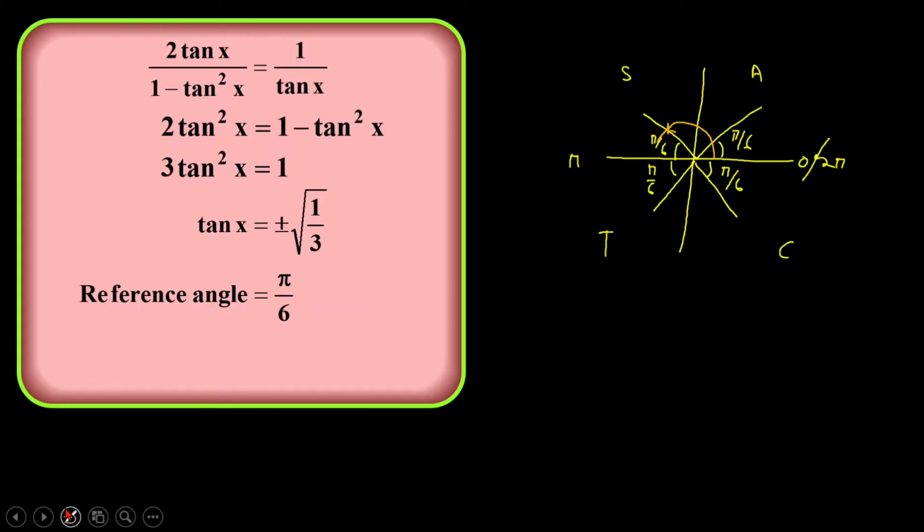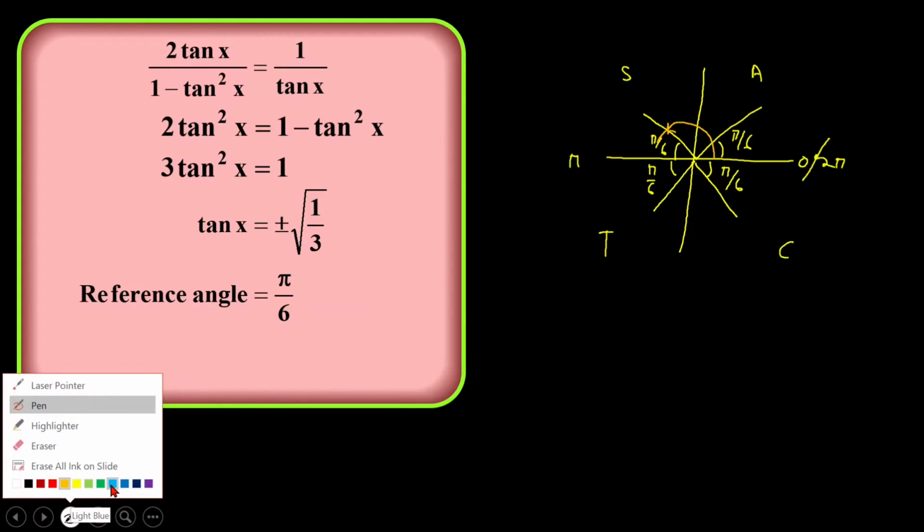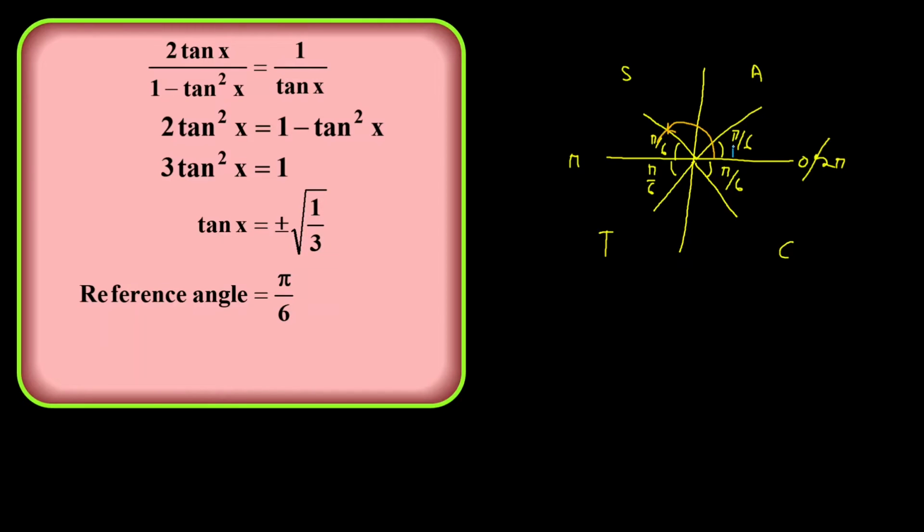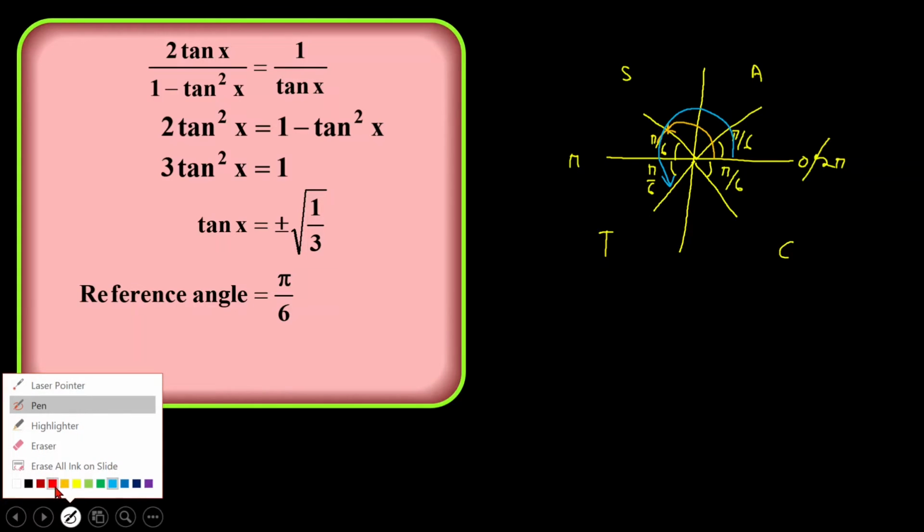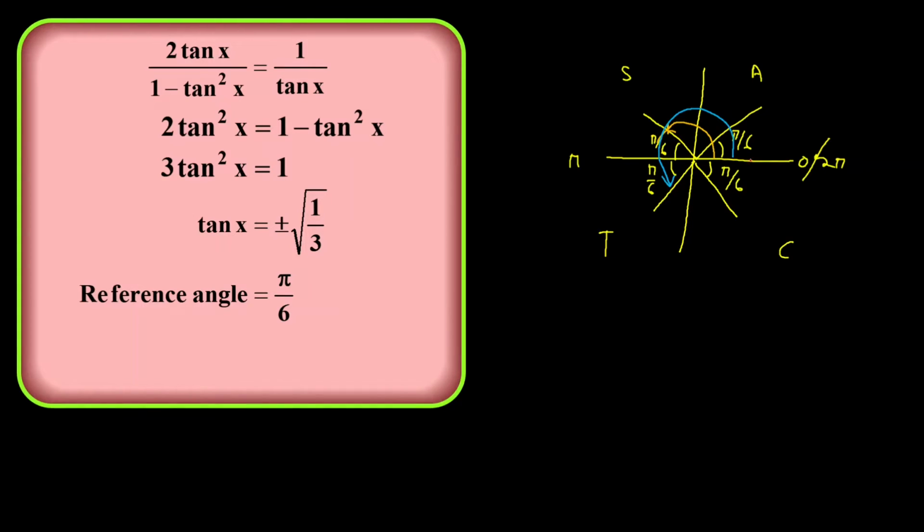And for the third quadrant, I will need from here until there, so that will be pi plus pi over 6. And in the last quadrant, I will need from this line, 0, until here. Of course, I cannot calculate from here, so I need my 2 pi. So the fourth quadrant will be 2 pi minus pi over 6.